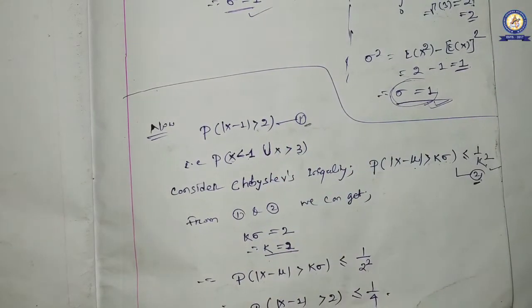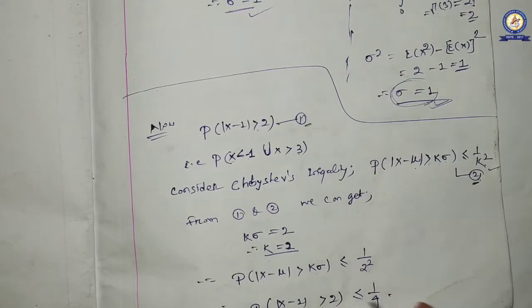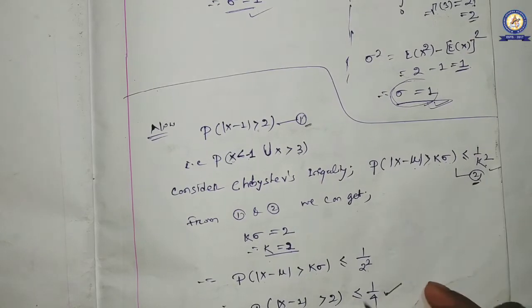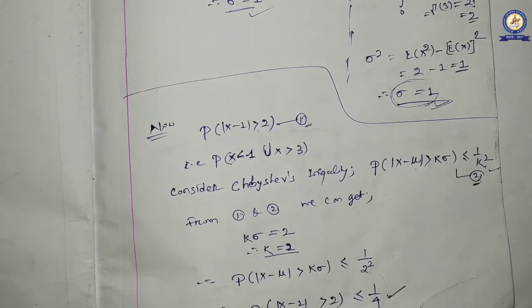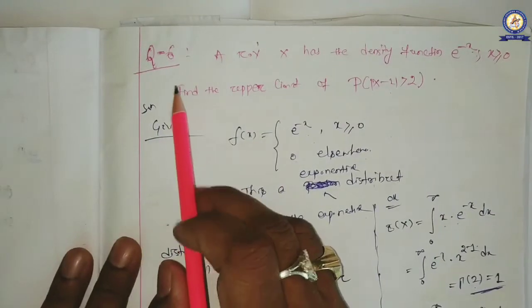So the probability of mod x minus 1 greater than 2 will be less than or equal to 1 by 4. It is not the exact probability but the approximate value, which will be less than 1 by 4, right?